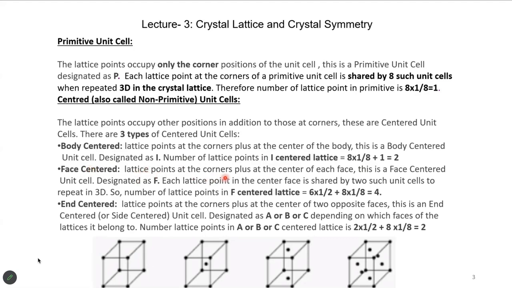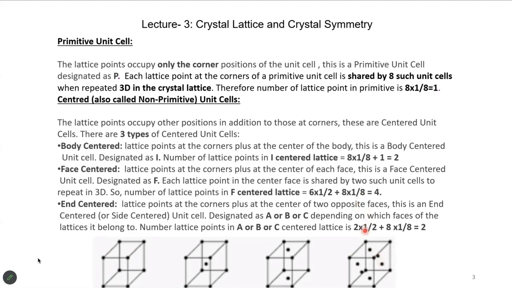A face-centered lattice means that every corner lattice point, plus the center of each face, is filled with a lattice point. So this is a face-centered lattice. In the center of each face, there is a lattice point.